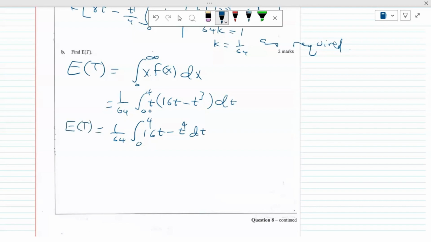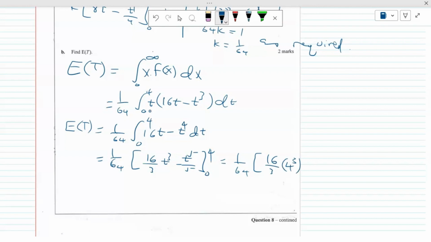So that gives me an integration of 16 over 3, so 1 over 64 times 16 over 3 t to the power of 3 minus t to the power of 5 over 5, with 4 there and 0 there. So what do I get? Just substitution now, playing around with the fractions.